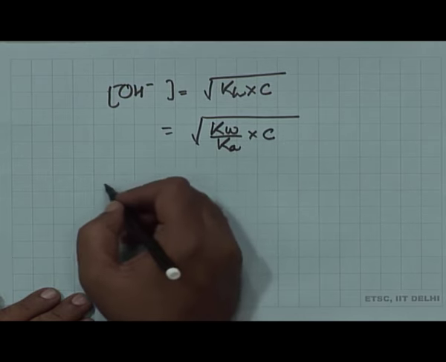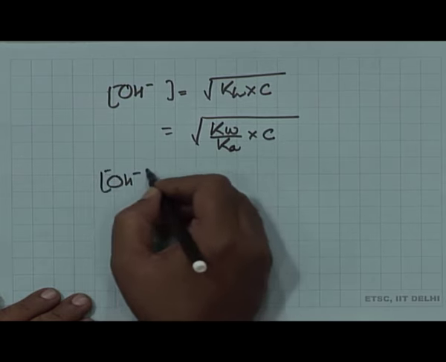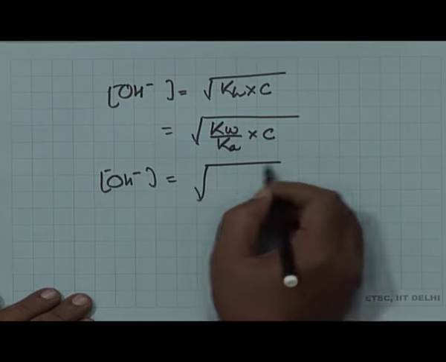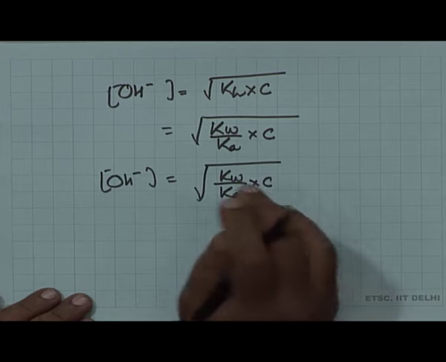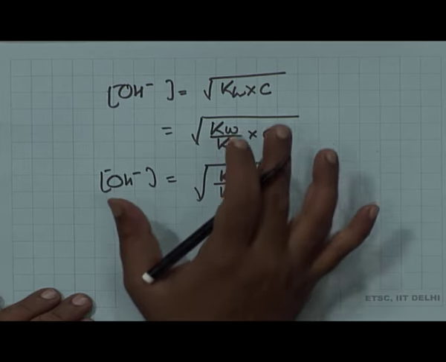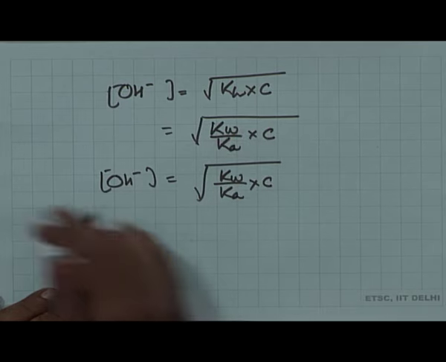So, this equation, OH minus ion concentration equals the square root of Kw by Ka into C, can be used to calculate the pH of the solution.